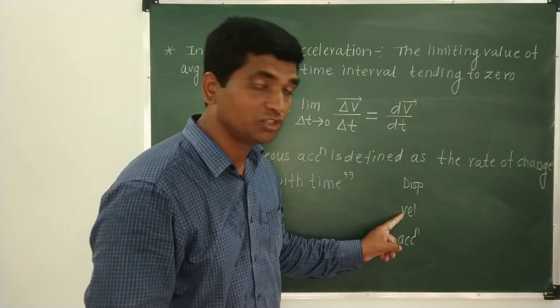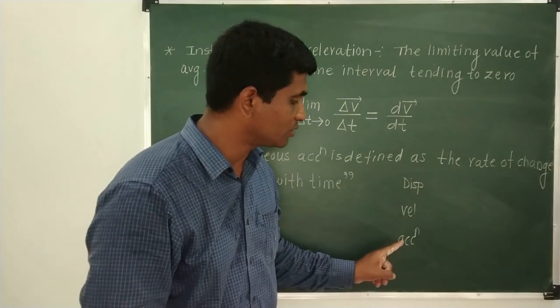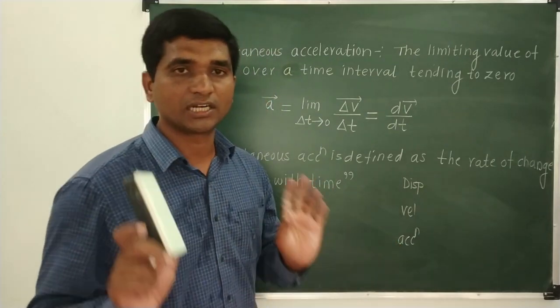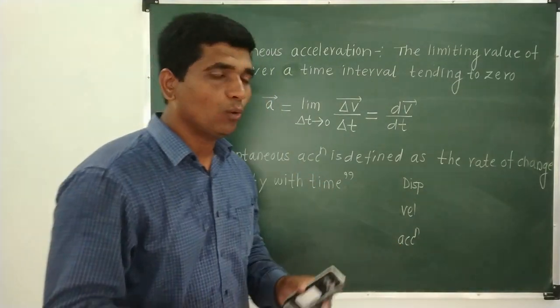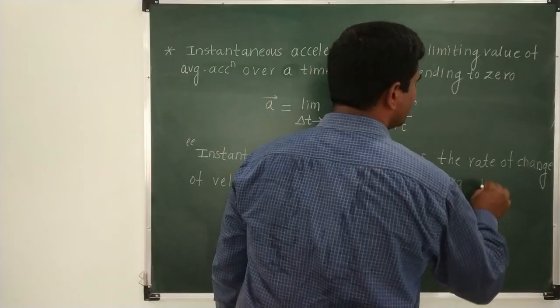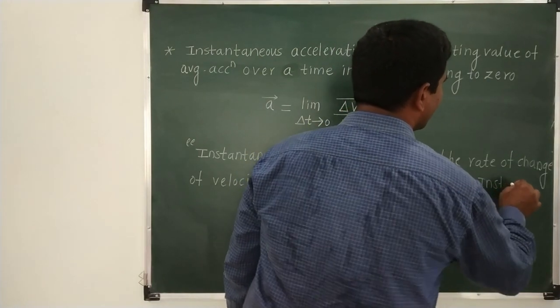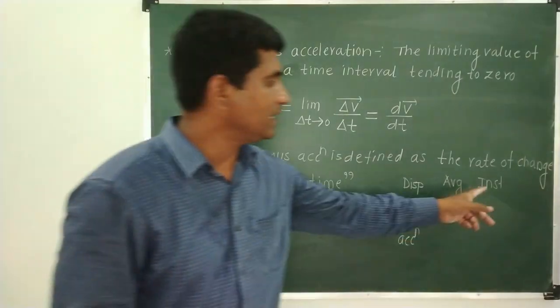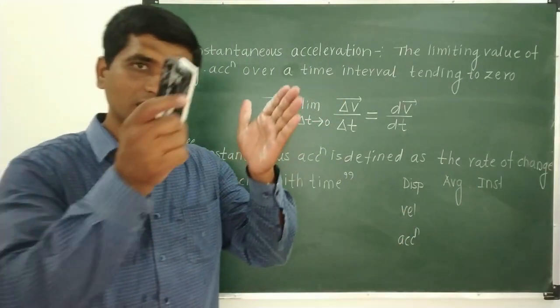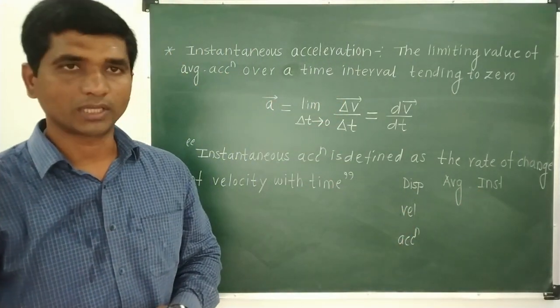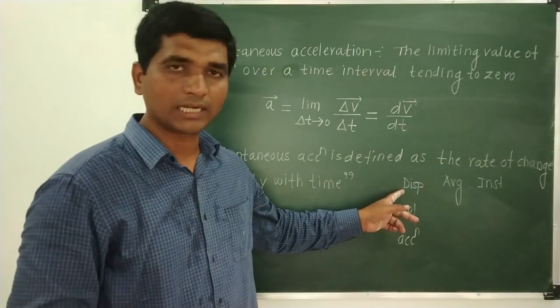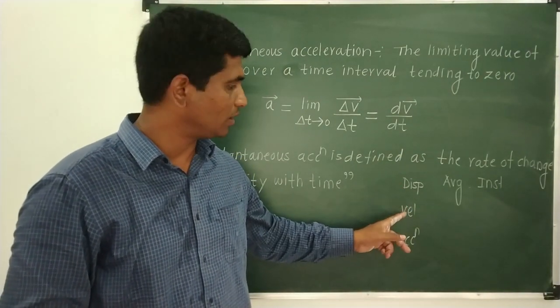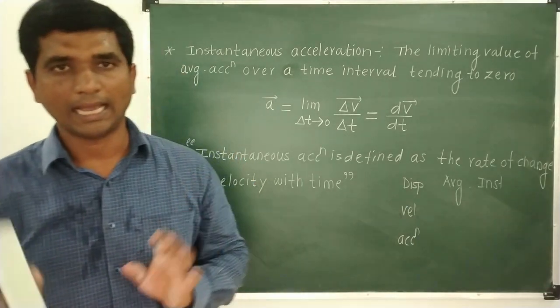If you take the rate of change of velocity with respect to time, you will get the instantaneous acceleration. Average values are taken over a finite time interval, and instantaneous values are taken at a given instant of time. So the time derivative of displacement gives you the velocity, and the time derivative of velocity gives you the acceleration.